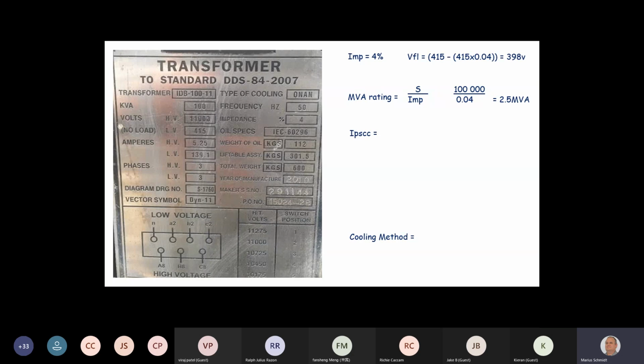Press ENG, power 6, 2.5 MVA. Press ENG again, power 3, that's kilo. So if you press in 100,000 divided by 0.04, you get 250,000,000. Press ENG, and it will say 2.5 to the power of 6. 6 means million. There's your answer. If they want it in kilo, press ENG again, and it will say 10 to the power of 3.